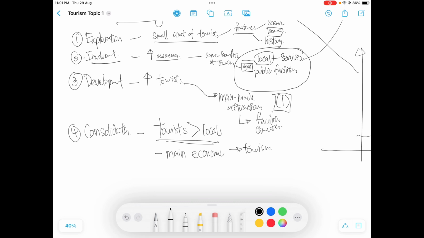Most of the workers are employed in it. So employment. And here you can see there are fewer new things being built, new attractions being built. That means they are built more slowly, right?